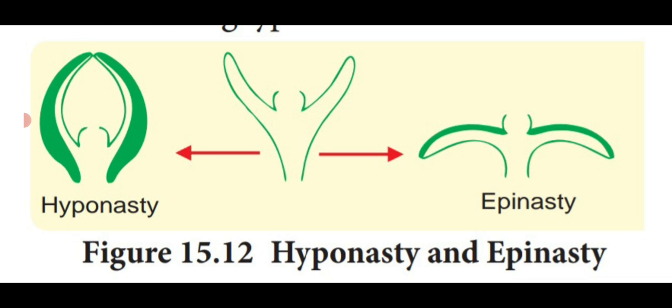Second one, epinasty, the growth movements are showing on the upper side. So the petal curvature takes place on the lower side. So the flowers are open. The difference between hyponasty and epinasty is a very important question.